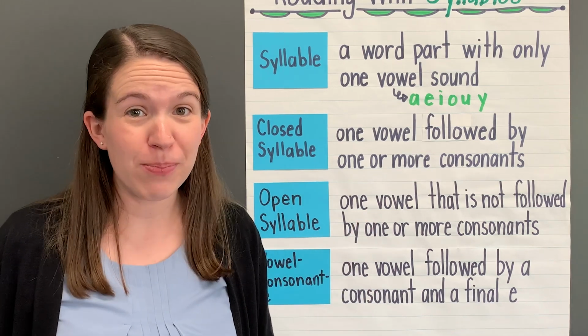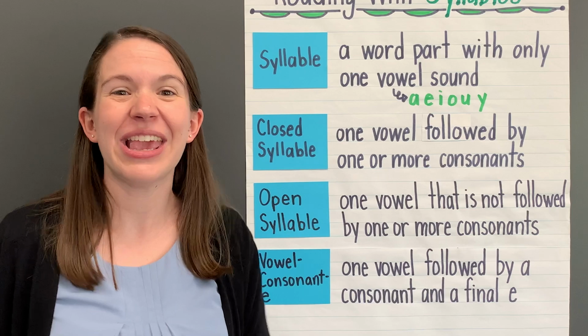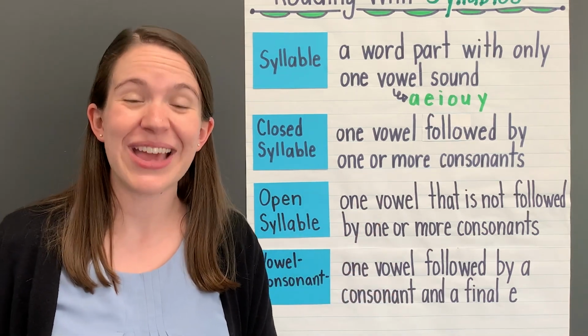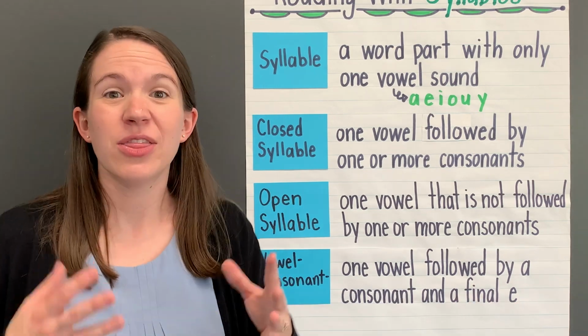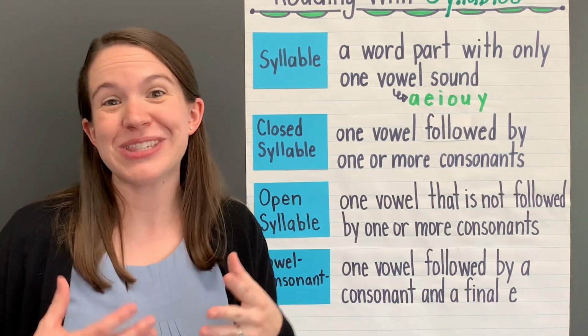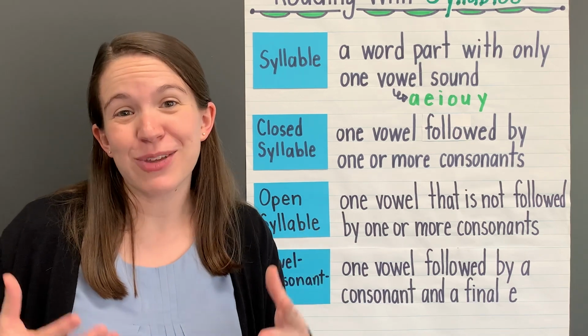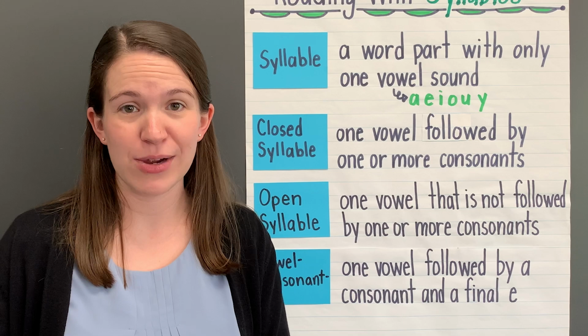It's also important because that final silent E gives us a hint about the sound that the vowel in that syllable is making. Sometimes we call that final E the bossy E because we say that it bosses the vowel around. And what it tells the vowel to do is to make its long vowel sound.